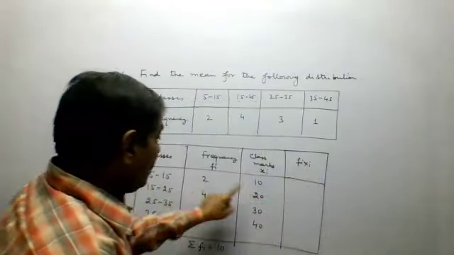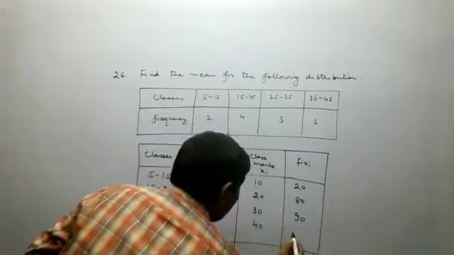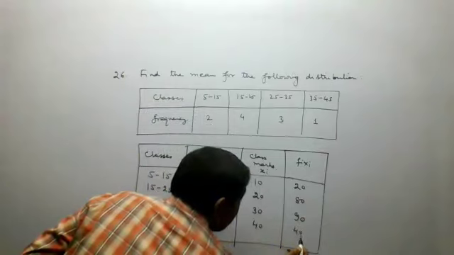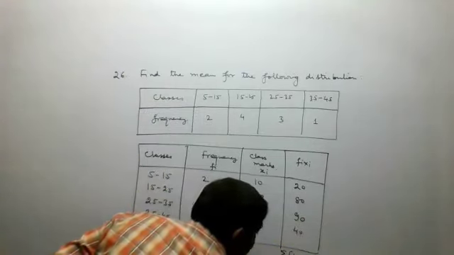Here it will be 4 into 20, 80. Here it will be 3 into 30 is 90. And here it will be 1 into 40 is 40. Sigma Fi Xi will be equal to 100, 190 plus 40 is 230.